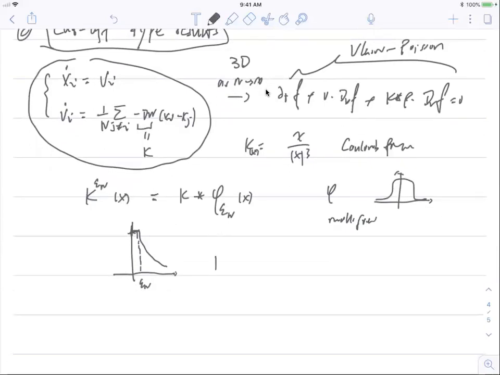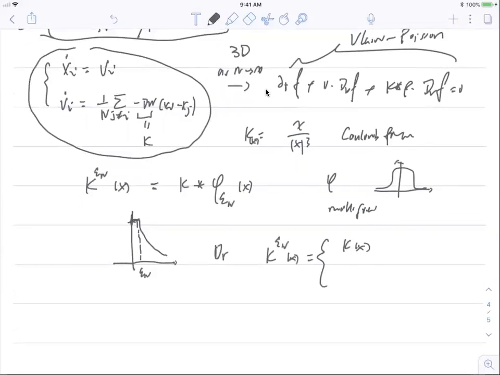So you can just do this type of cut as well.